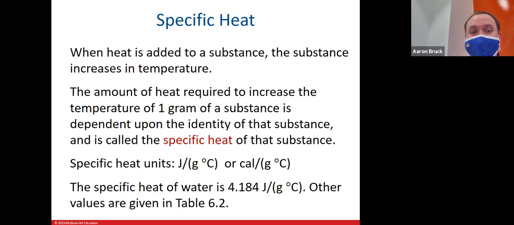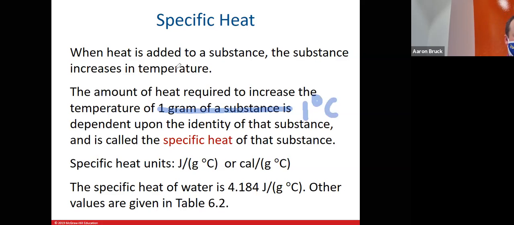So specifically, we are talking about the amount of energy to increase the temperature of 1 gram by 1 degree Celsius. That is what we mean by specific heat. How much energy does it take to increase the temperature of a substance by 1 degree if there is 1 gram?